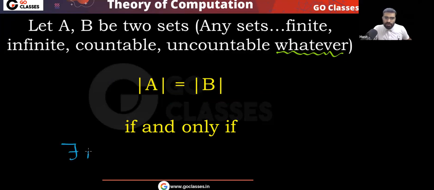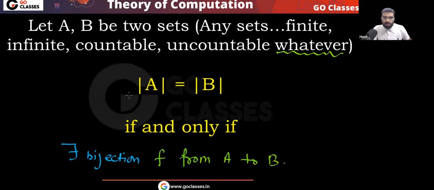Or I can say there exists a bijection F from A to B. So this is the definition of same cardinality.